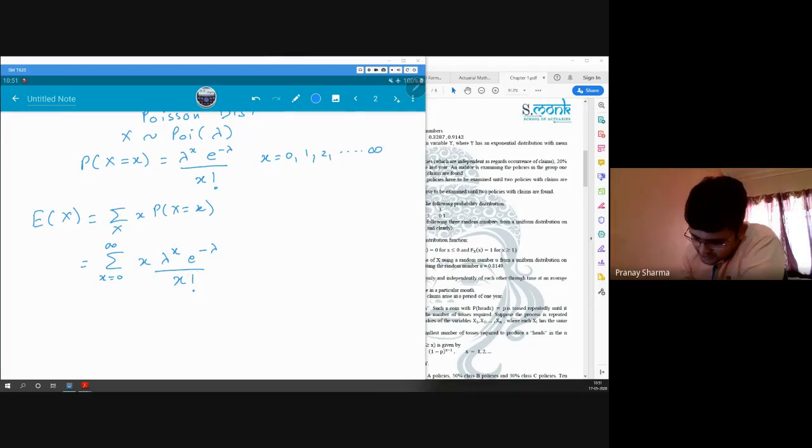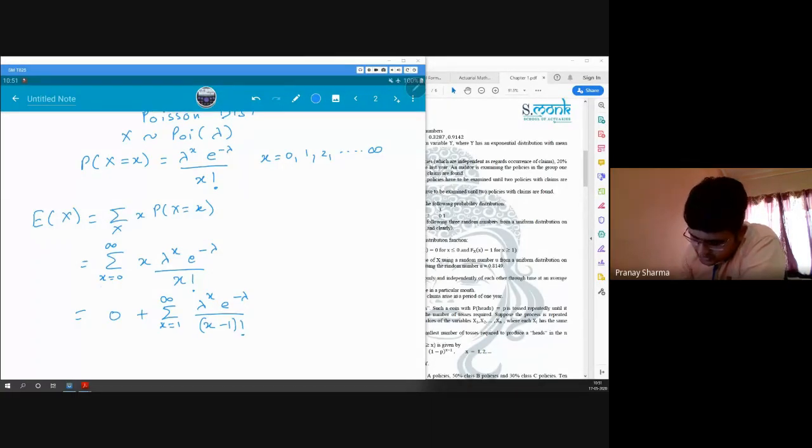And from x equals 1, I'll remove my x from numerator as well as denominator. So I have substituted my first term. I'll get 0, and then plus the summation x equals 1 to infinity of lambda raised to x, e raised to minus lambda, by x minus 1 factorial.